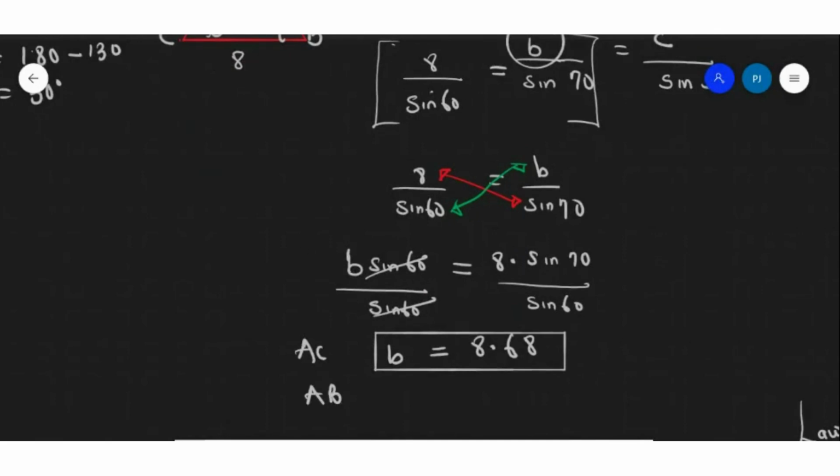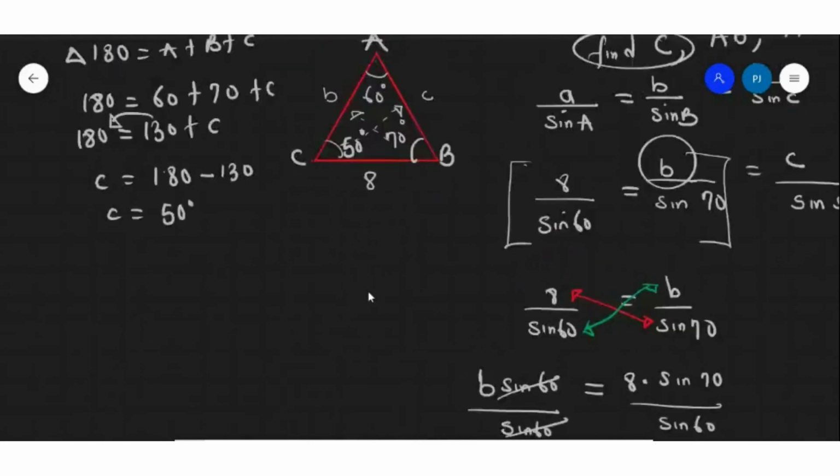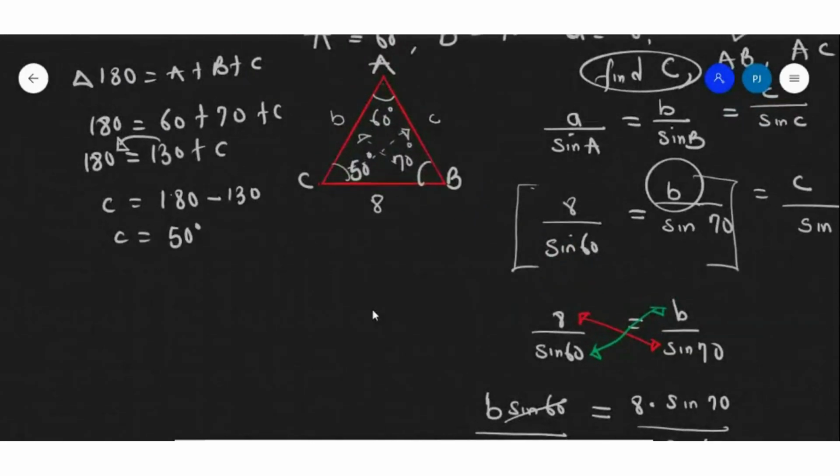Remember from my formula, I'll take you back to this concept here. Maybe I'll just put the formula to make you more consistent and remember your formula. So it's a over sine A equals b over sine B equals c over sine C. Remember, lowercase over uppercase. Always remember that. All right, so let's substitute these values.